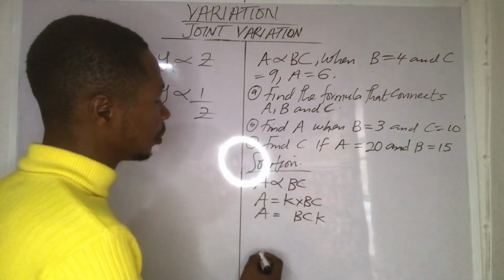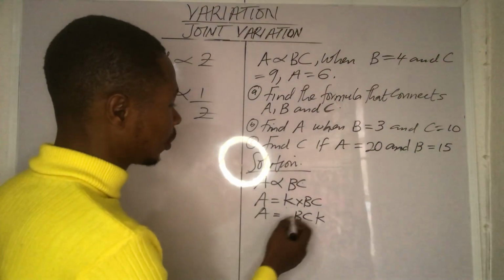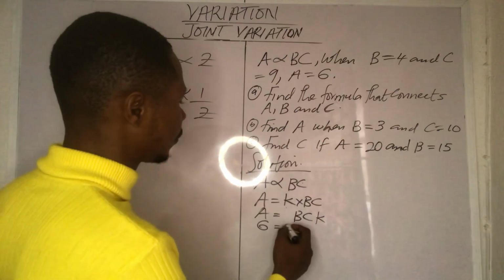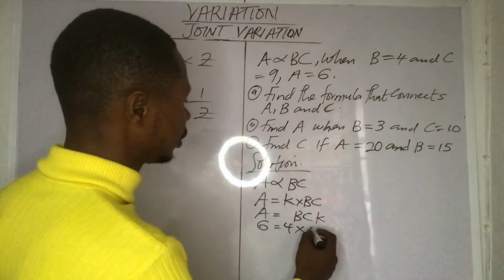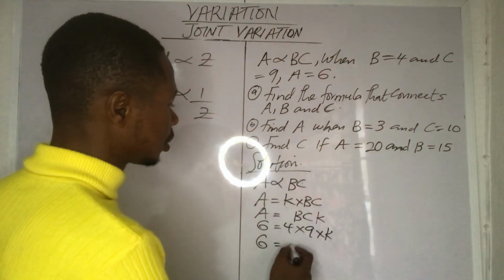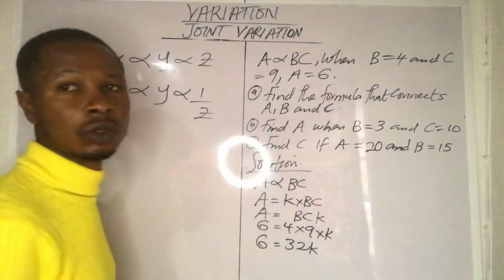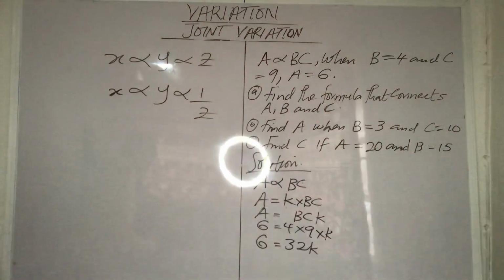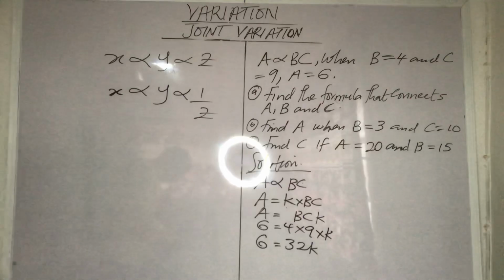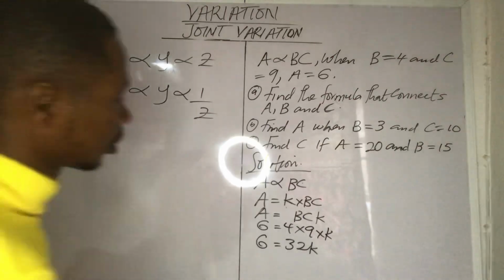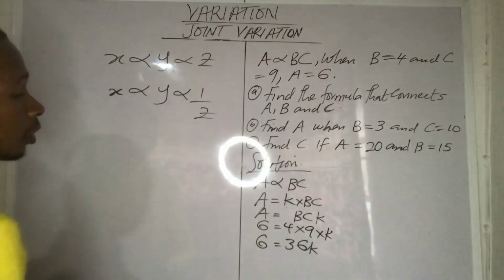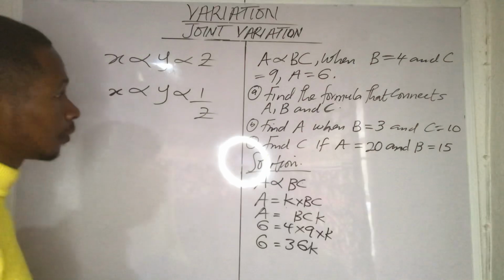To get my constant, A is 6, B is 4, and C is 9, times K. So you have 6 is equal to 36K.